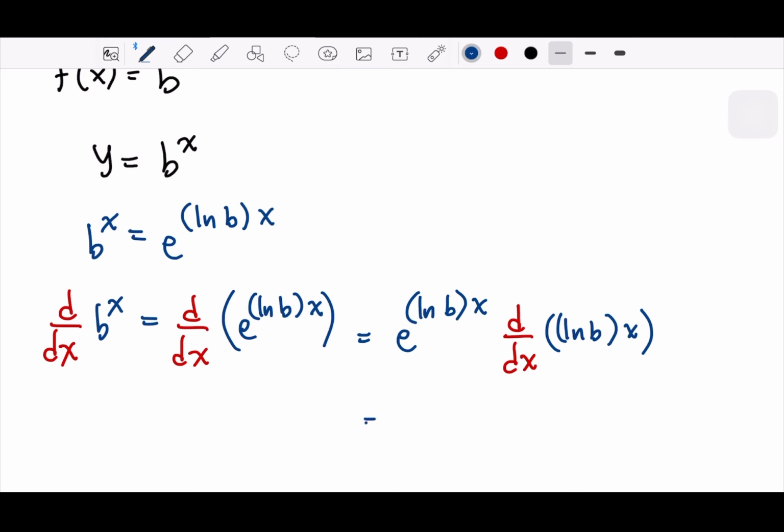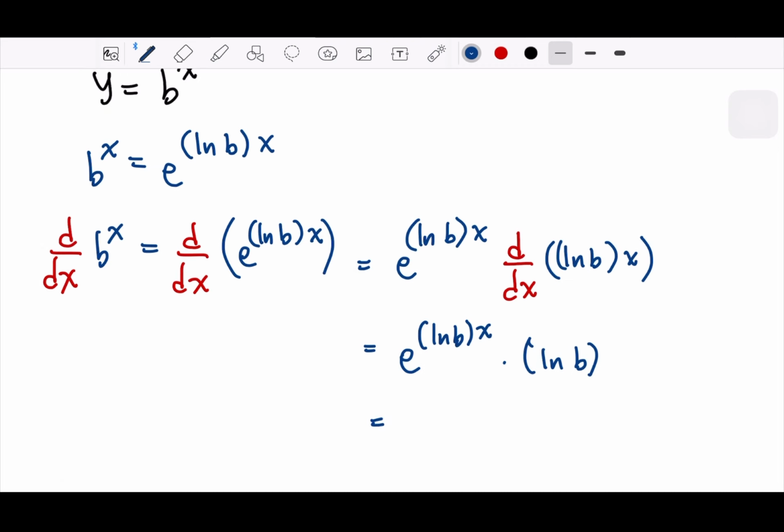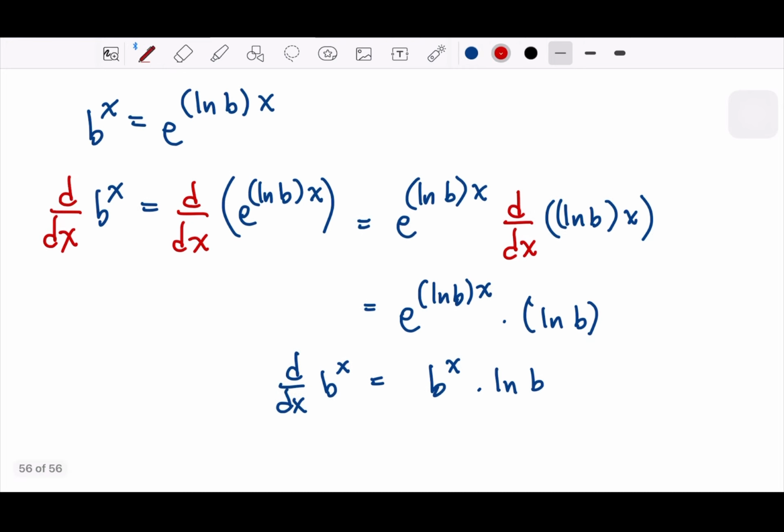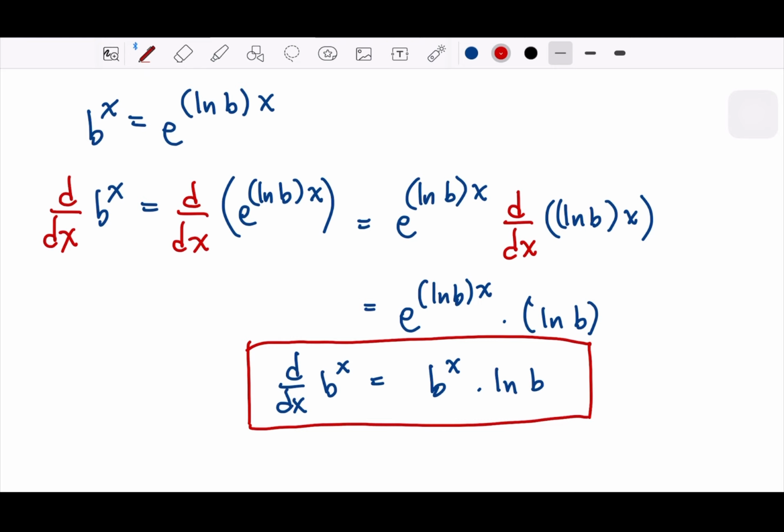So this is going to be e multiplied with ln b. And this goes back to the original equation, which is b with power of x, and then ln b. So that's how we can also get through the exponent through the chain rule. Okay, the chain rule.